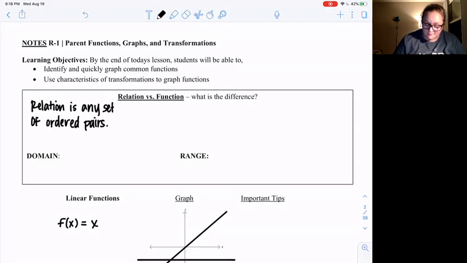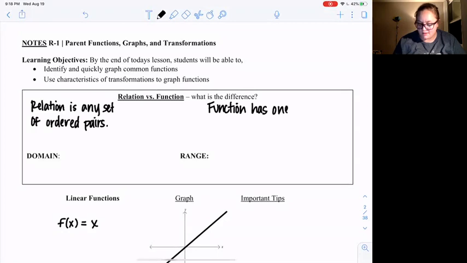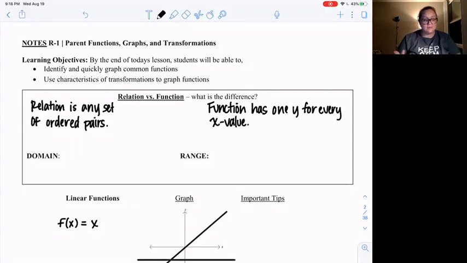So a function is different: a function has one y for every x. So the idea behind this is that you have one y value for every one x value.